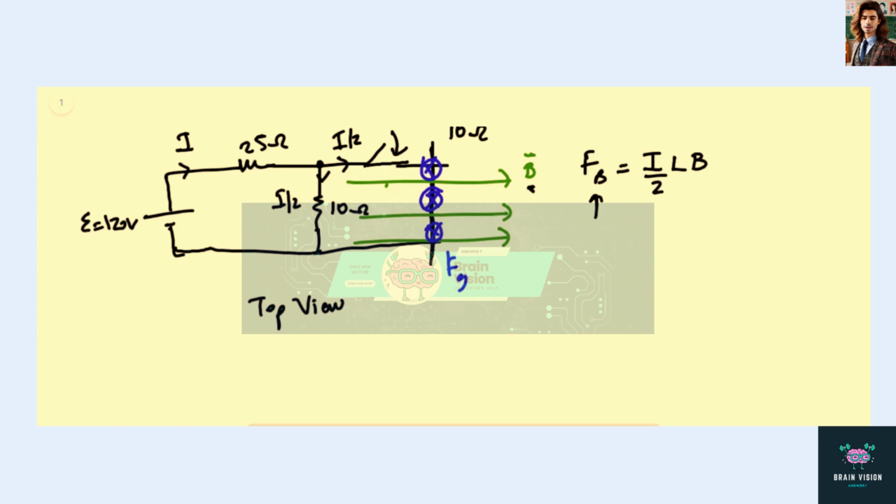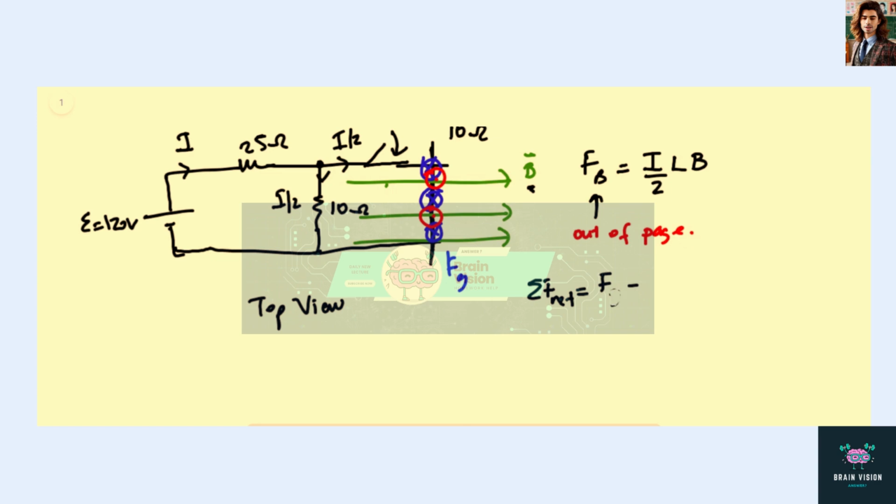When you do that, you'll see the direction of F sub B is out of the screen, out of the page. So F sub B counteracts the gravitational force, since F sub B is up.